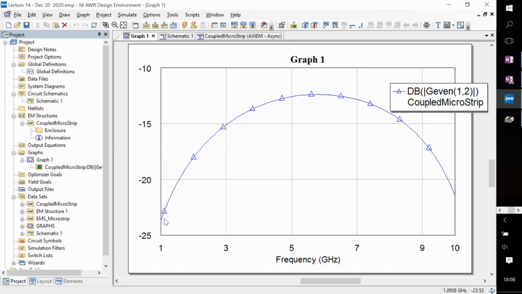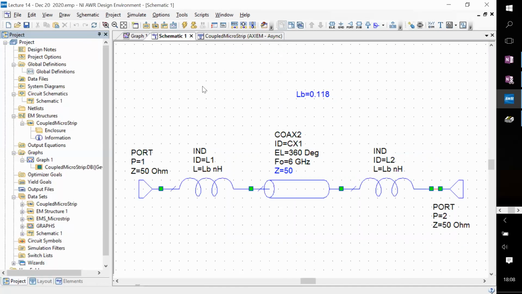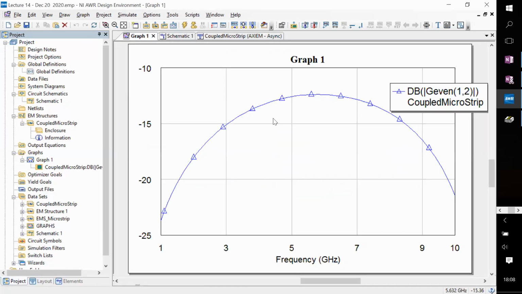So remember, this is gamma. It's a reflection coefficient of port 1 and 2, plotted in dB magnitude. So it's power loss in dB, power absorption in dB. We know that something below minus 20 is decent.